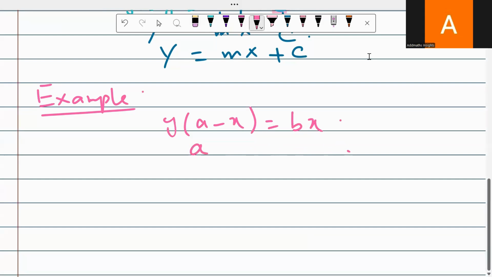So a minus x equals bx over y. And then you can take this a on the other side, or x on the other side, and bring this on this side. x equals minus bx over y plus a.